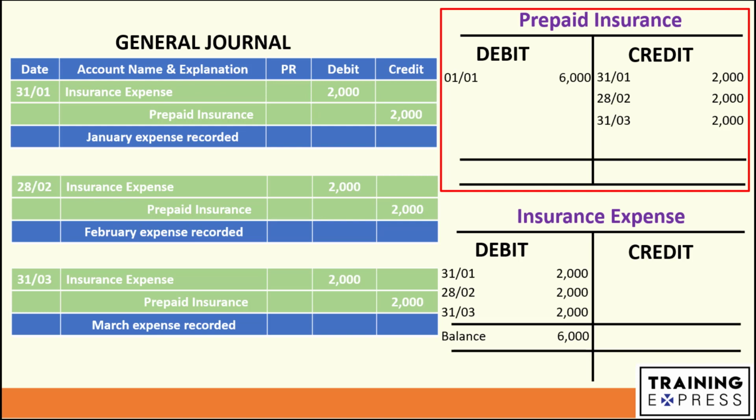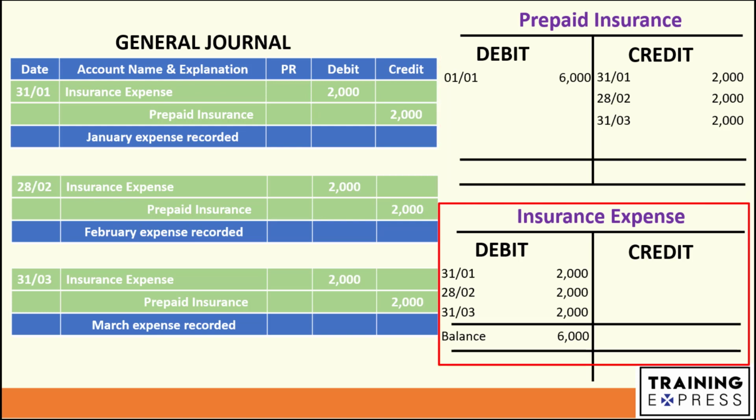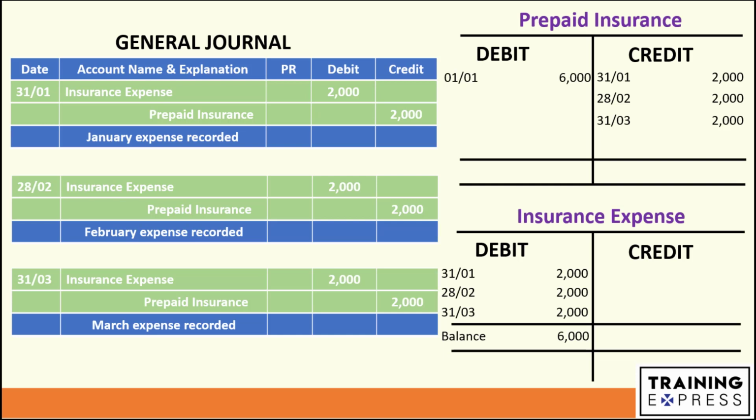By the end of 31st of March, or you can say by the end of 3 months, there is no balance sitting in this particular account. Similarly, if we look at the insurance expense account, you will see that every month it is being debited by $2,000 and by the end of March we have got a total insurance expense of $6,000 in this particular account.